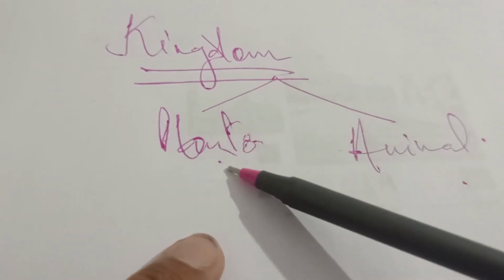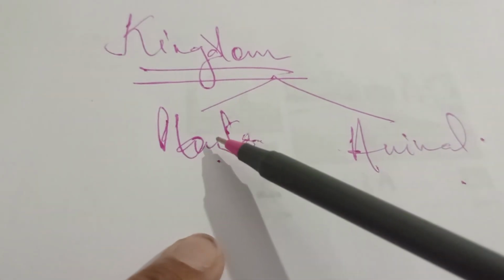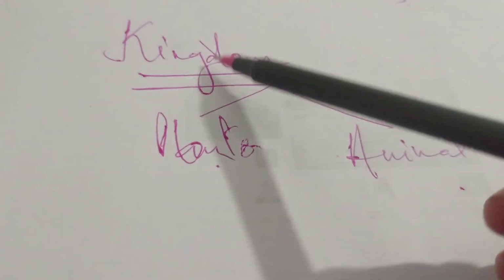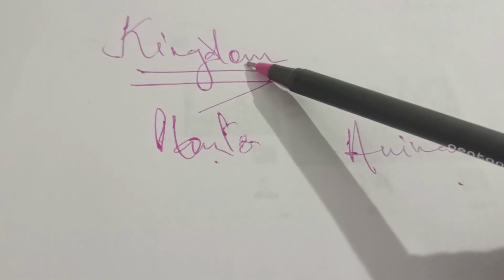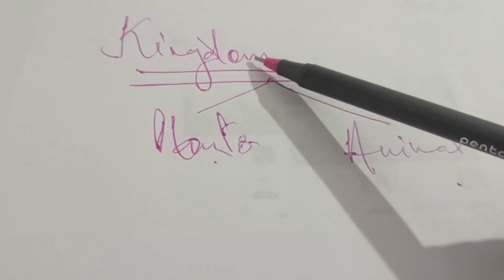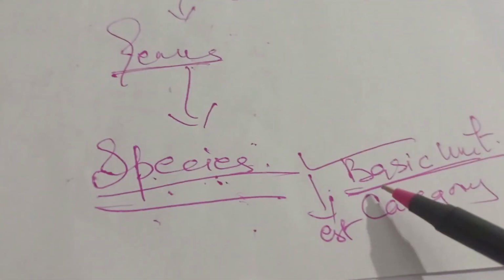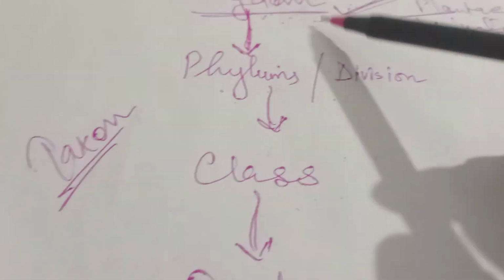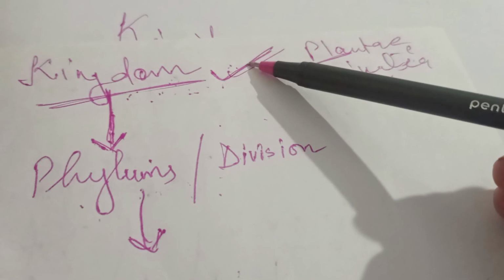Each kingdom will have a group of related phyla. Simple. Kingdom becomes the highest category of taxonomic classification, as species is the basic unit, the lowest unit of classification. Species, I told you, is the basic unit of classification. Kingdom is the topmost or the highest category of classification.